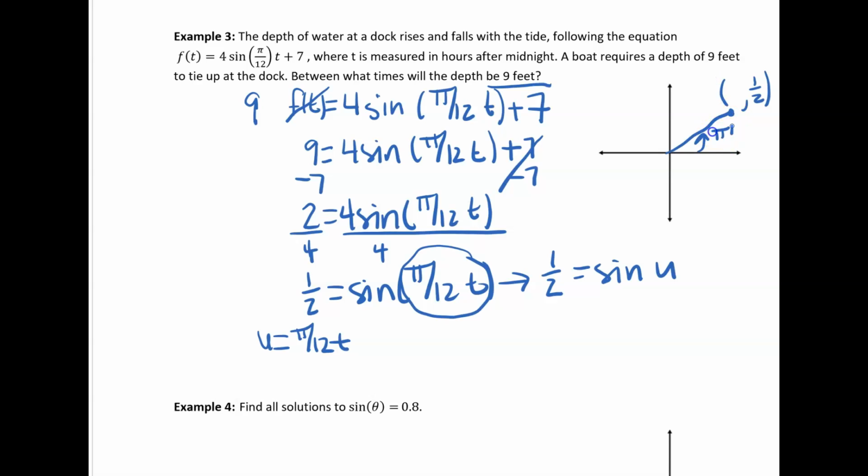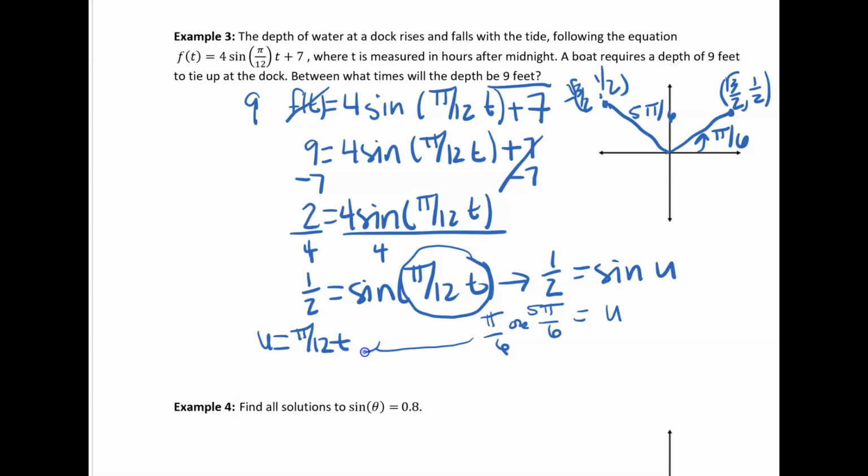And that occurs at pi over 6. The rest of that ordered pair is here. We know from our unit circle it reflects over here, and so at 5 pi over 6, same ordered pair, you have that 1/2, it's just negative here, not concerned with that right now. And so I can see that u would be equal to either 5 pi over 6 or pi over 6.